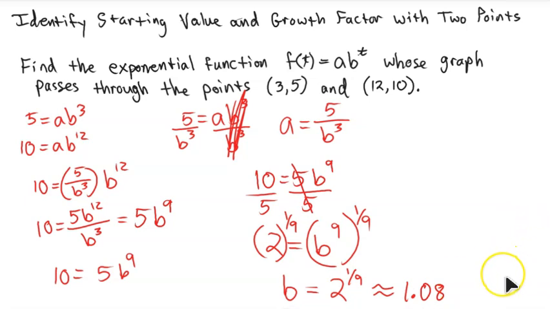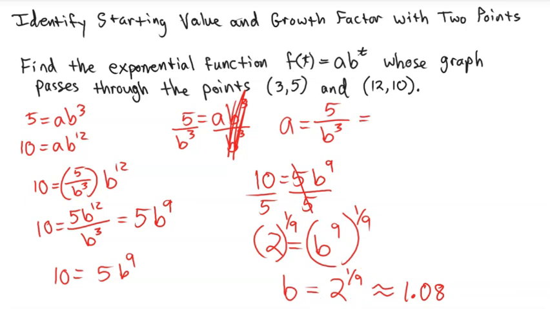Now, to get a solution for a, be very careful here, because what we're going to do is plug in a number for b to the 3rd power. But be very careful here, because we do not want to put in 1.08. That's an approximated value. We actually want to put in 2 to the 1/9 power.